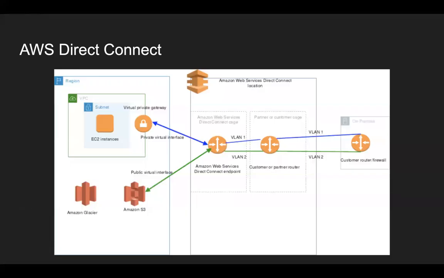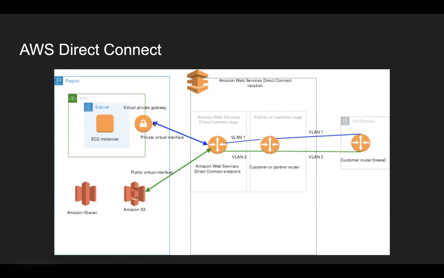So a classic example for you is in regards to this. There are so many partners for Amazon Web Services who have their own Direct Connect location. Now over here, you have two types of connectivity which you can establish. One is a dedicated connection, one is a hosted connection. The way it works is it's a series of virtual LANs or virtual routers that connect your on-premise customer's router all the way to the AWS region through a Direct Connect gateway.